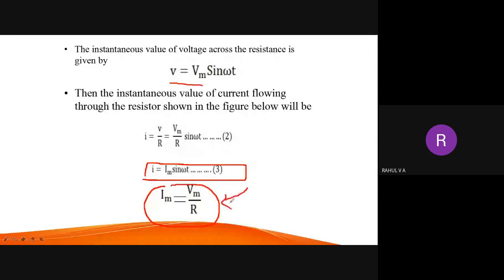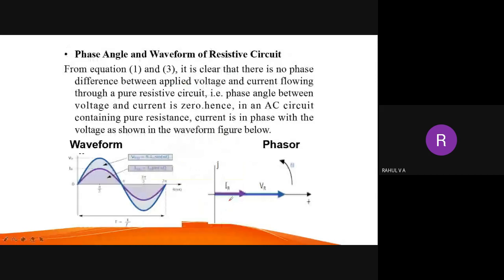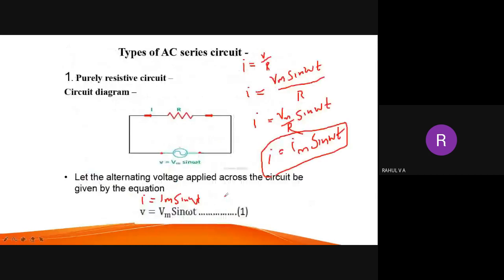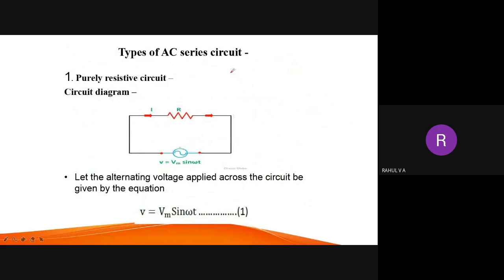Now we have two formulas. V is equal to Vm sin omega t, and I is equal to Im sin omega t. So I'm asking which one will be leading, which one will be lagging, or whether they are in the same phase.